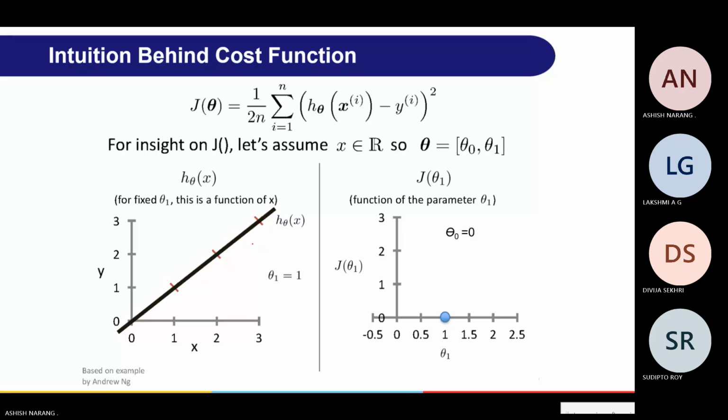So if you look at theta 0 as 0, then this function depends only on theta 1. So rather than writing J of anything, it is more of J theta 1 because theta 0 is 0 in this case, right?